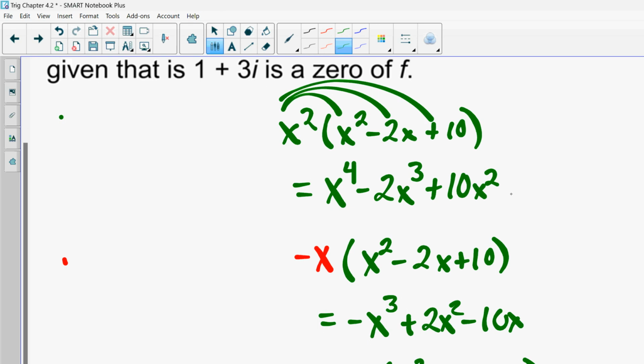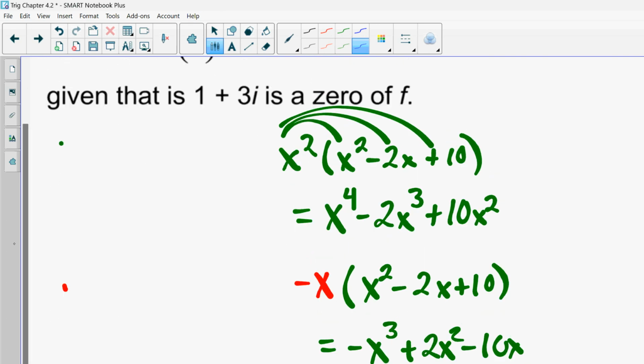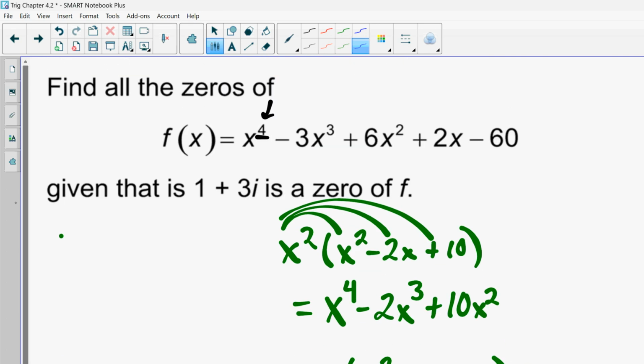Now we do expect this outcome for the final expression, because when we subtract, all three of these become 0. That is the expected outcome, because we know that 1 plus 3i and 1 minus 3i are both solutions.